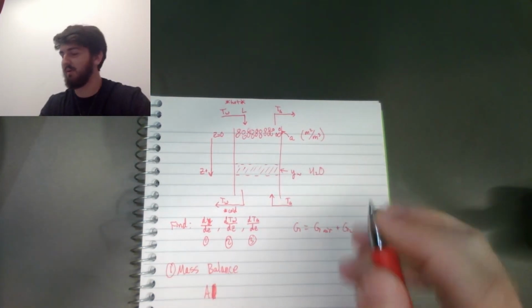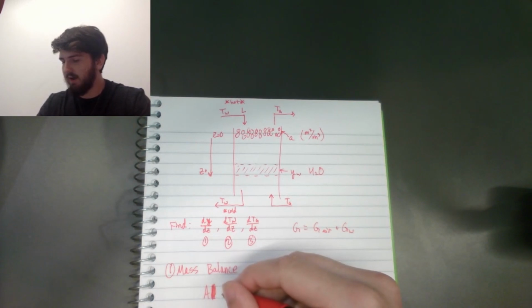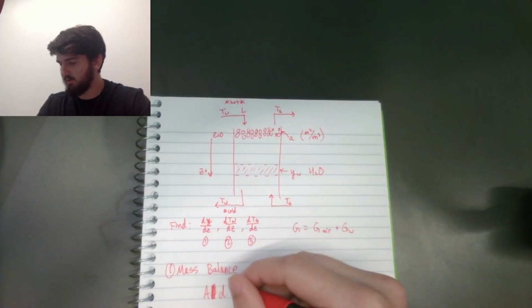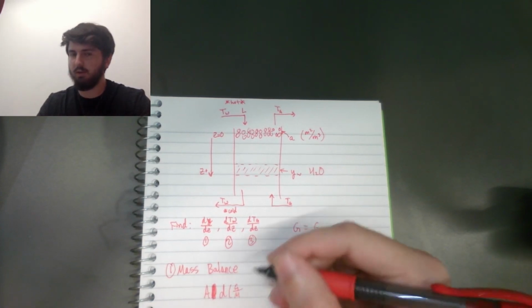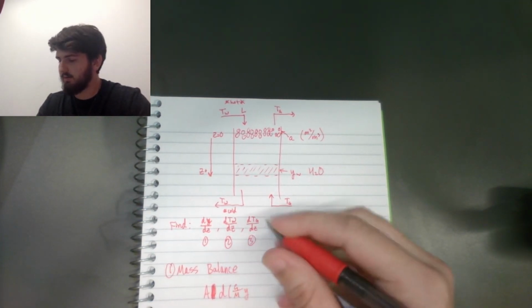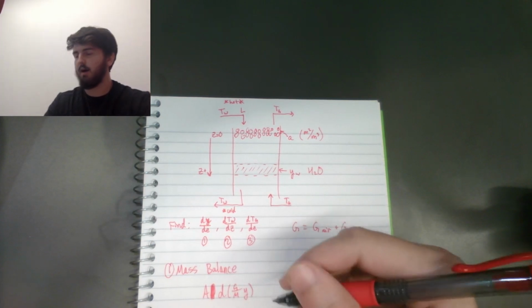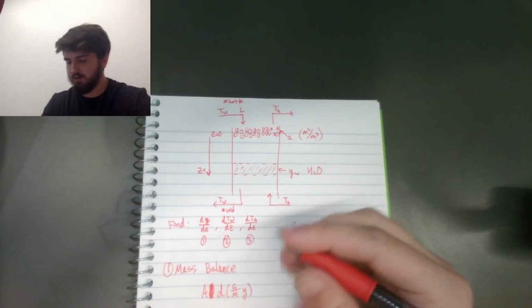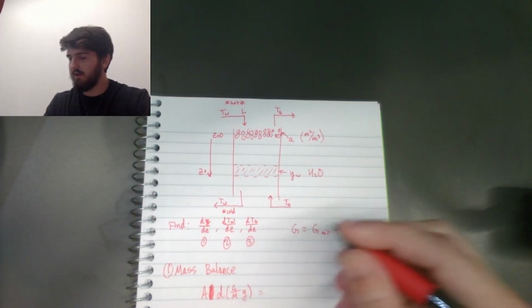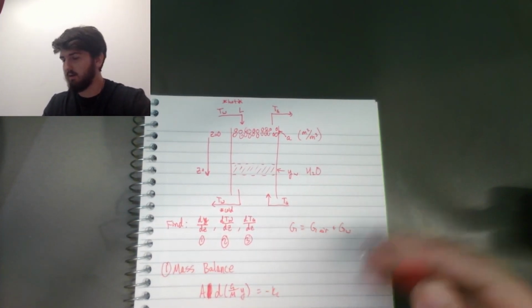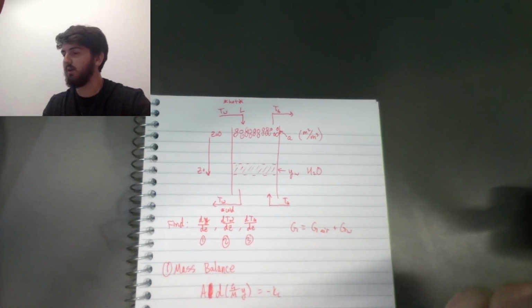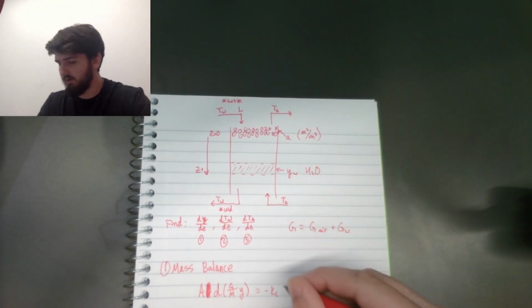We're going to have the change in the gas flow rate over the molecular weight times the mole fraction, and we're going to have that equal to the negative of the mass transfer coefficient of water.